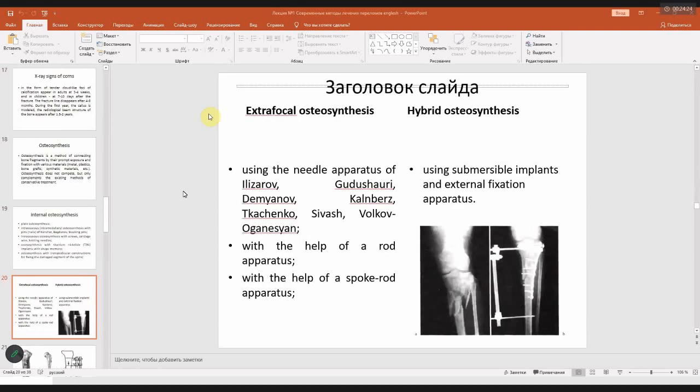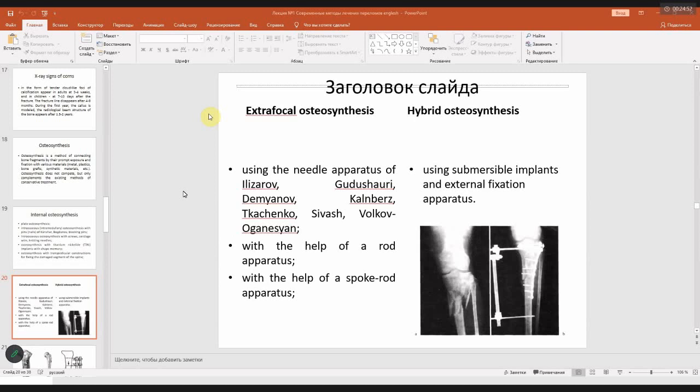For example, extrafocal osteosynthesis using the apparatus of Ilizarov, Gudushauri, Demyanov, Kaunders, Tkachenko, Sivash, Volkov, Aganesian, with the help of rod apparatus, with the help of a spur rod apparatus.